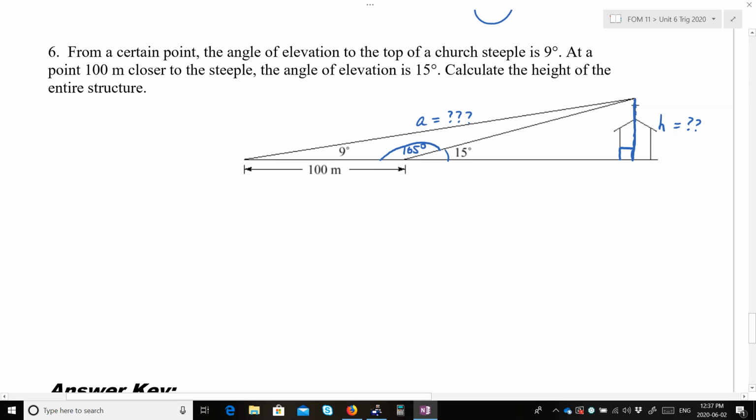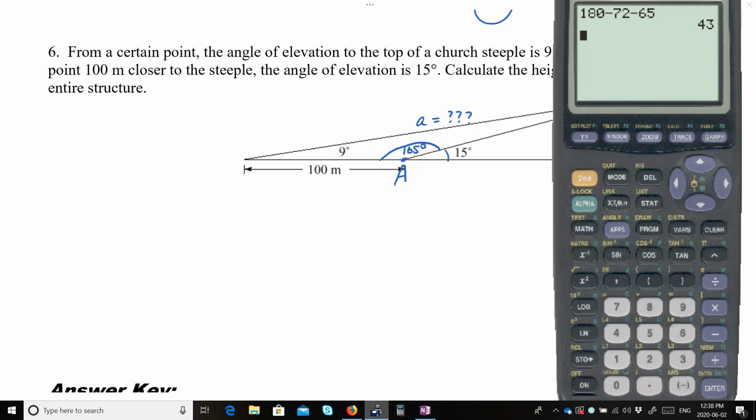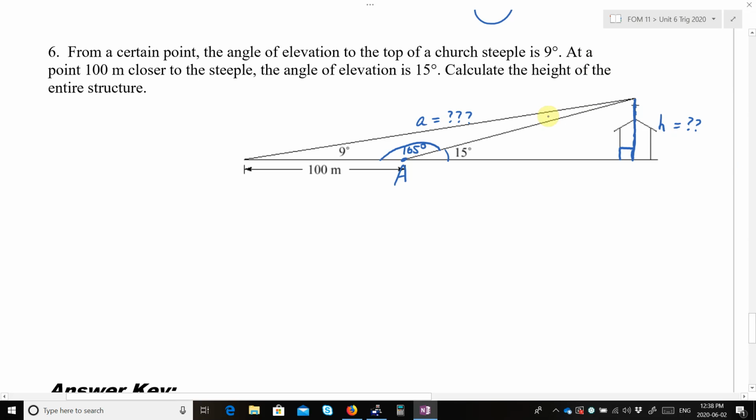So this would be 165 degrees, and we could call that angle A. And since we know that that's 9 degrees, 165 plus 9 is that. The remaining angle to make 180 you'd have to add another 6, so this would be 6 degrees here.